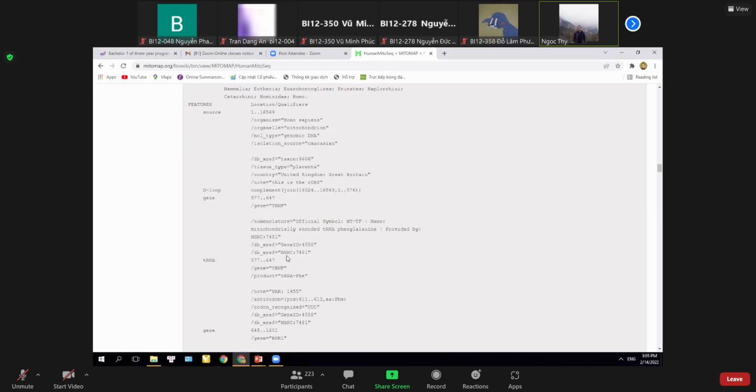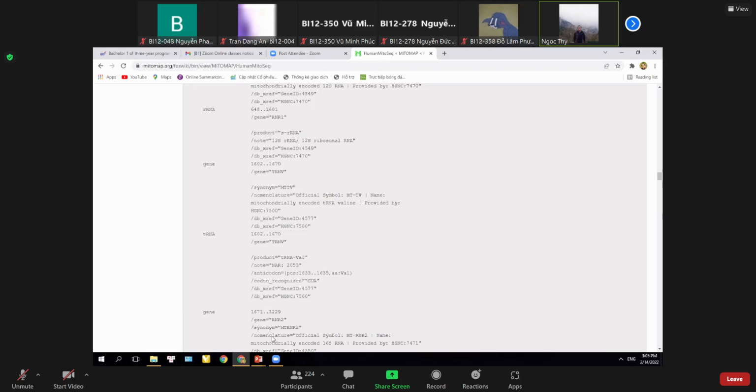We have different genes here. The next one, from 577 to 647, which is relatively small, less than 100 base pairs, is the gene TRNF, which encodes the tRNA for phenylalanine.